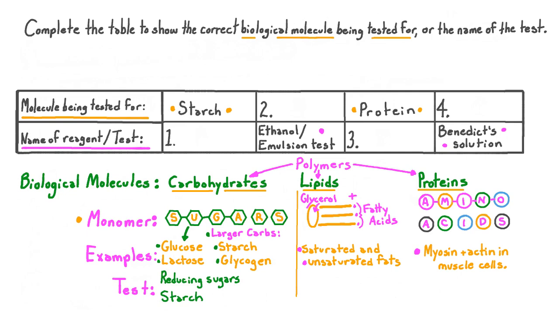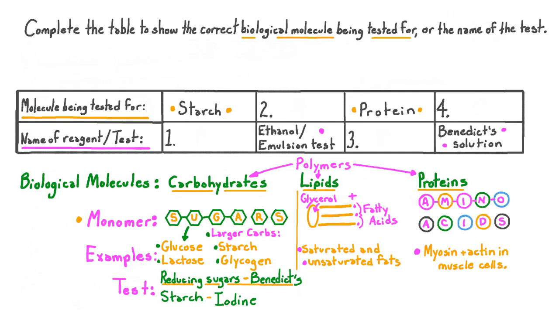In carbohydrates, there's 2 different tests for 2 different kinds of carbohydrates, both the reducing sugars, which include all the simple sugars, and starches. The test for sugars is a test that requires a solution called Benedict solution. And once the Benedict solution is added to the food sample, it has to sit in a warm water bath for a few minutes.